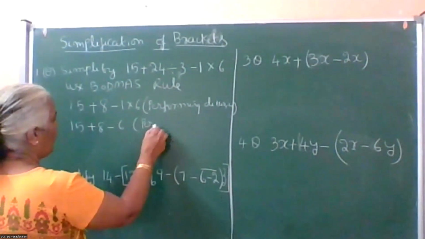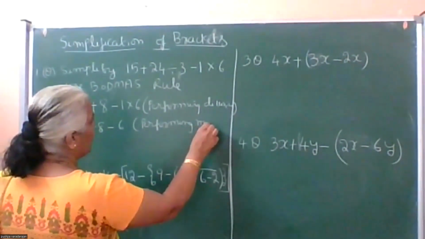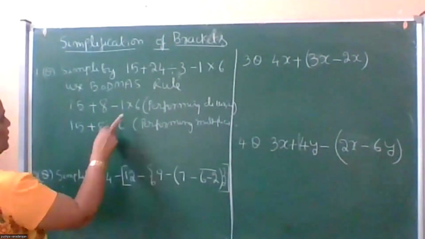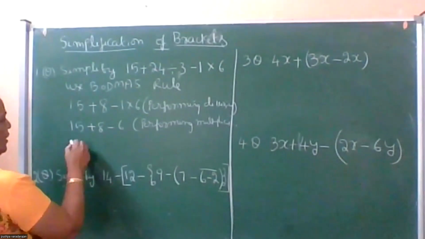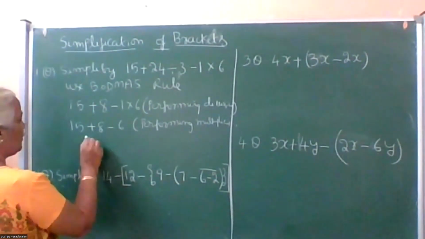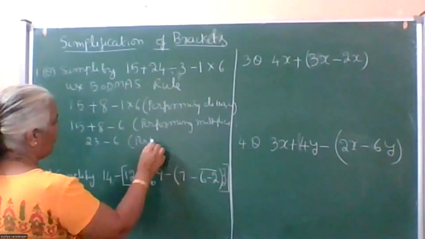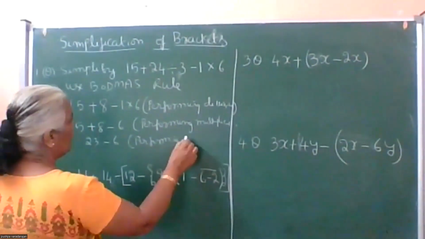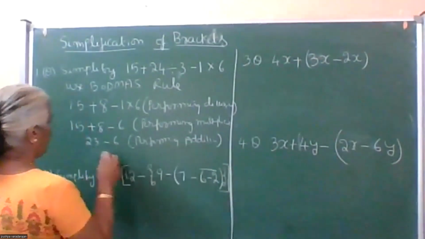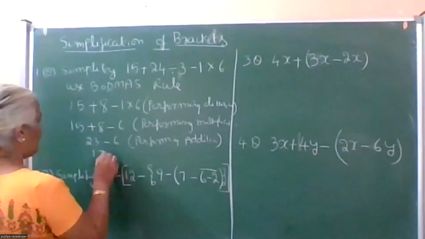Performing multiplication, that is 6 into 1 is 6, and then after multiplication it is addition. 15 plus 8 is 23, minus 6. Performing addition, and then 23 minus 6 is 17.